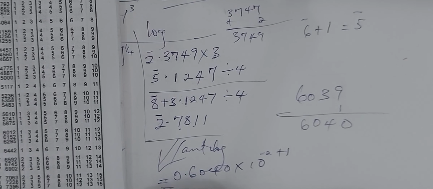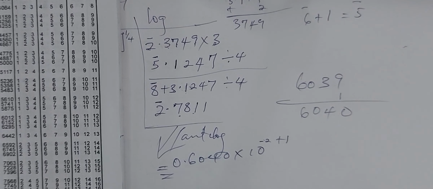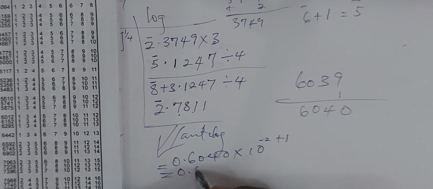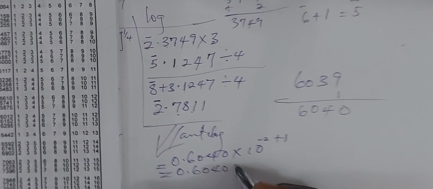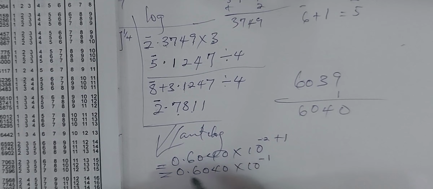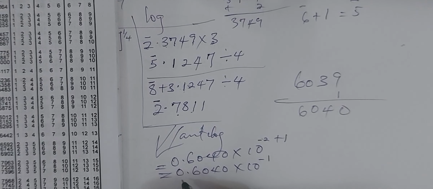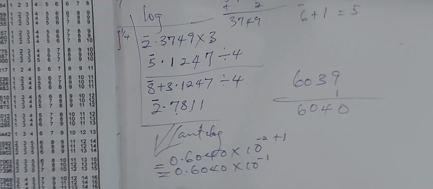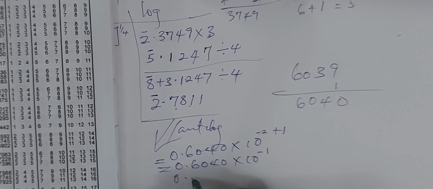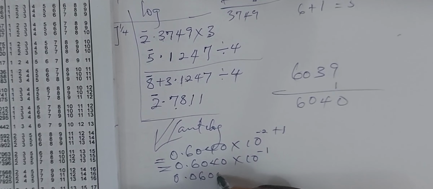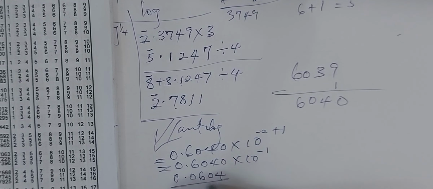So we have 0.6040 times 10 raised to the power of minus 1. So we'll move this point backward once, which is 0.00604 as the answer.